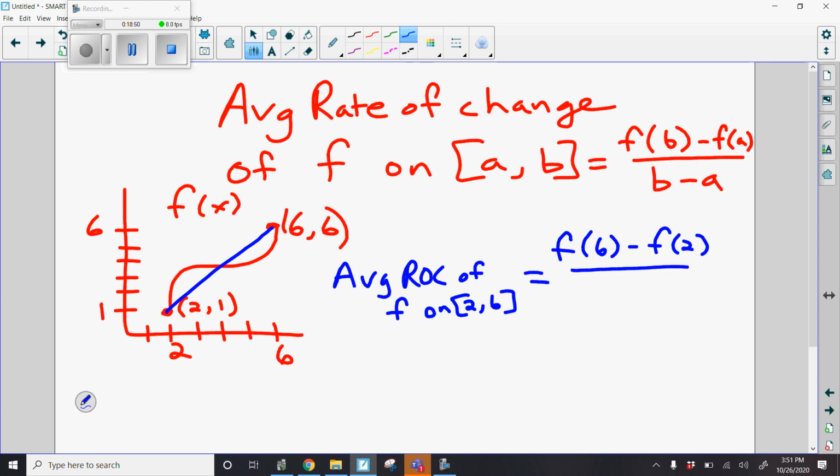Right, this is like my A, this is like my B. F of B minus f of A over B minus A. Right, f of 6 we know is 6. F of 2 is 1. And 6 minus 2 is 4. So I get an average rate of change of 5/4.